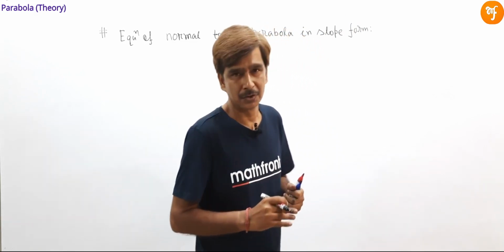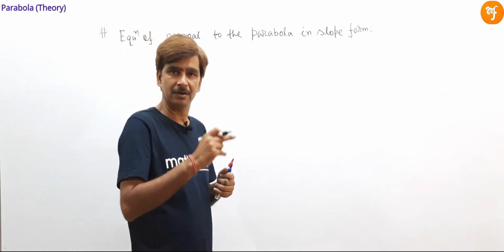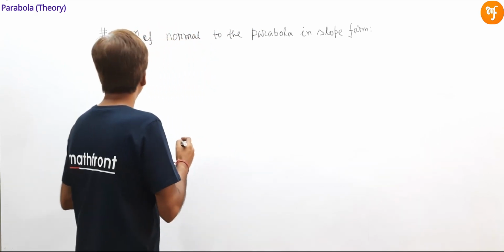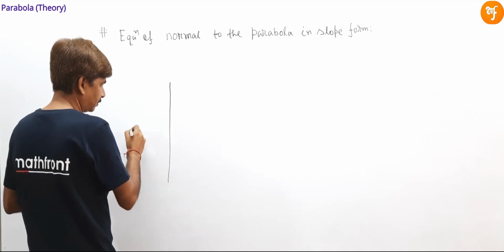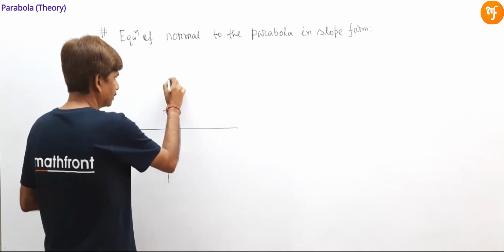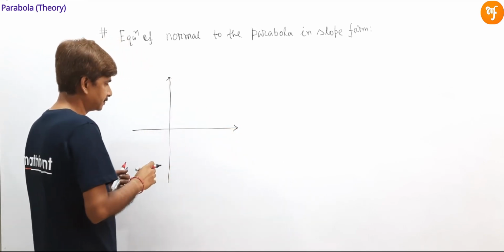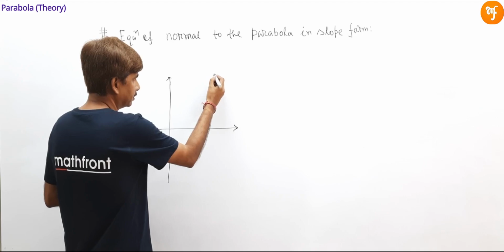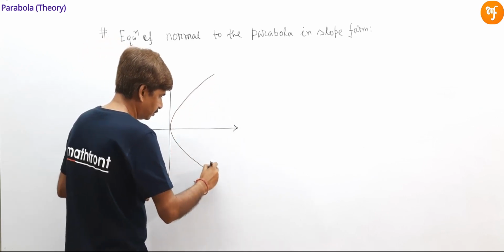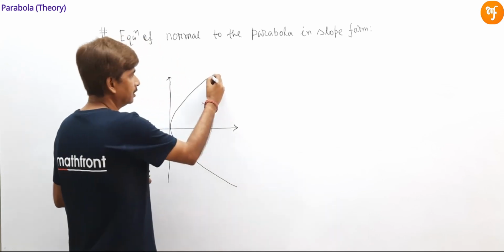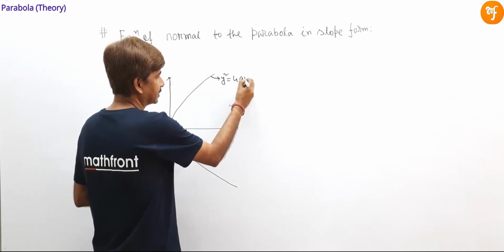Okay, so to prove this, first of all we will draw the diagram and we will draw the tangent. Okay, so look, considering this is the reference frame, that is x axis and y axis, we draw a parabola which is y square is equal to 4ax.